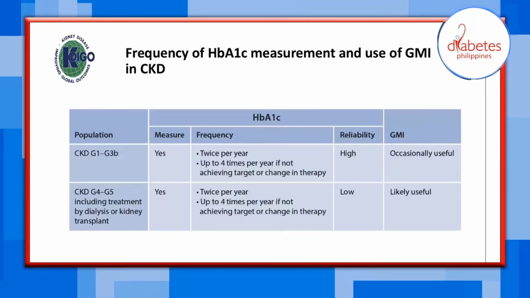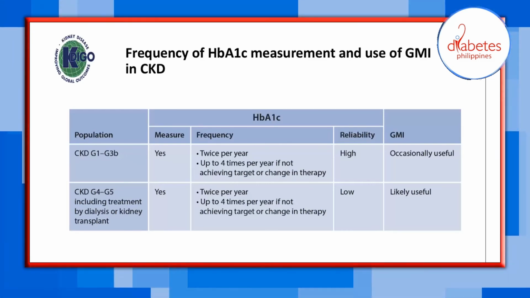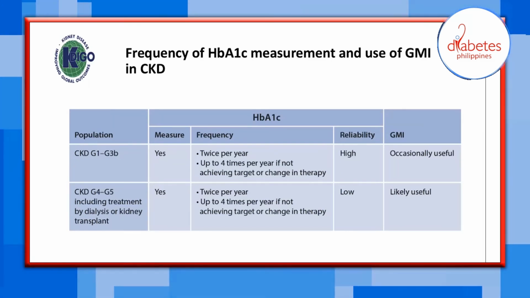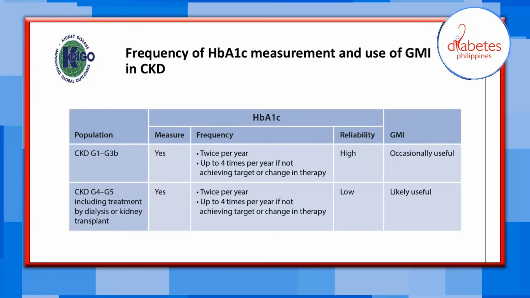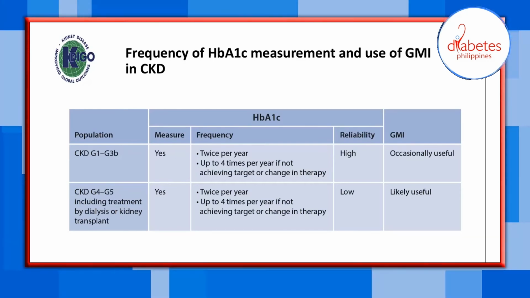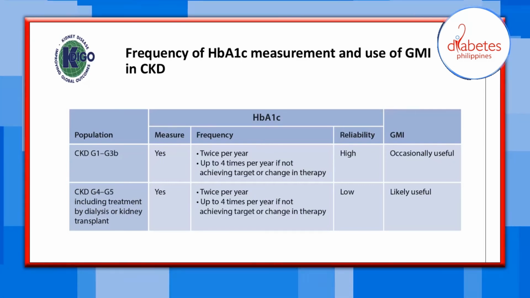So this is actually a table from the KDIGO, or the Kidney Disease Improving Global Outcomes, for diabetes control, which was released just this year. They have recommendations on the frequency of HbA1c for our CKD patients. As we mentioned, there are 5 stages for CKD.